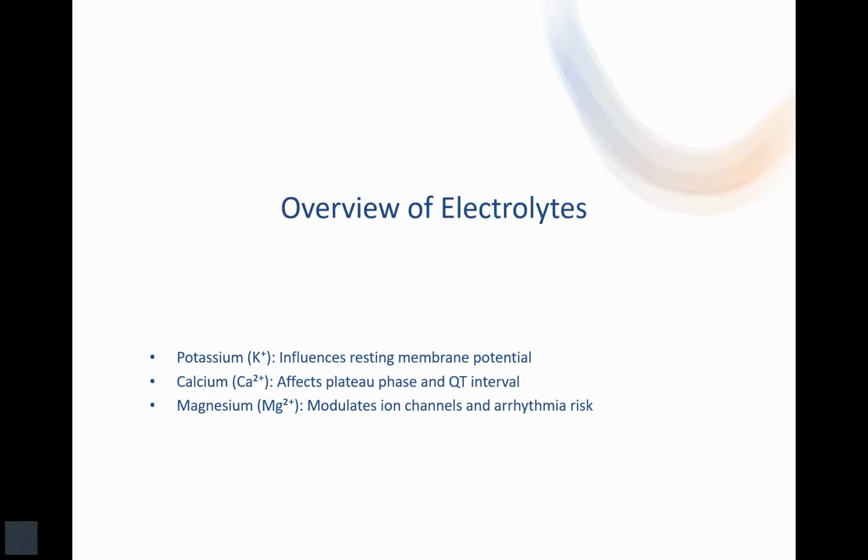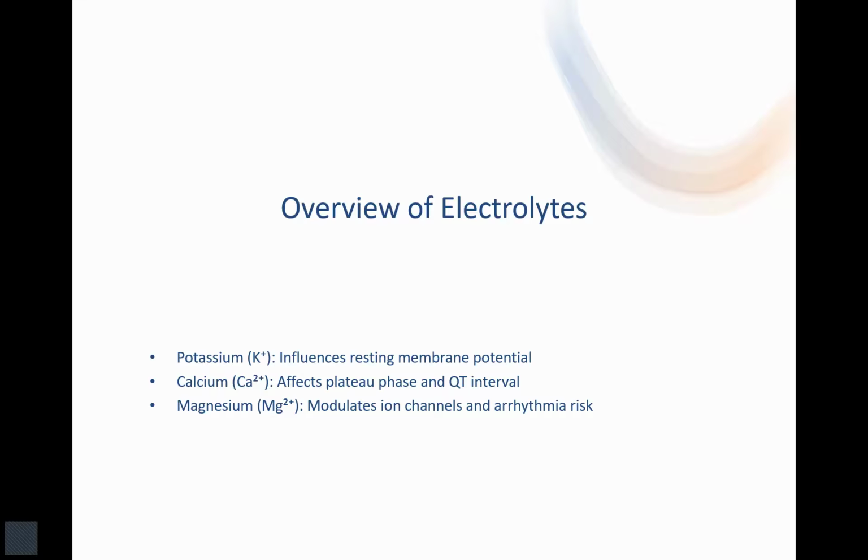So, a couple of reviews of electrophysiology before we get into the pattern recognition. Remember that potassium influences membrane potential. Calcium, as we've talked about before, also has an effect on the plateau phase of the action potential, and therefore the QT interval.